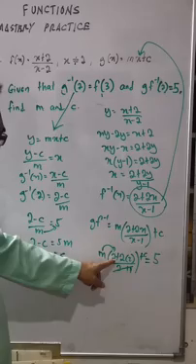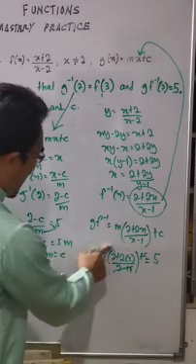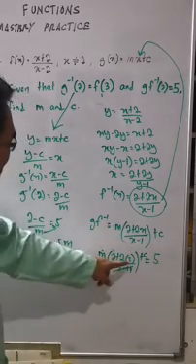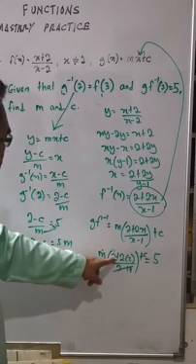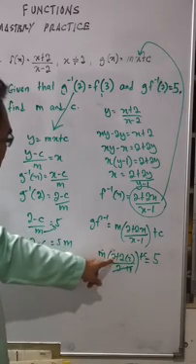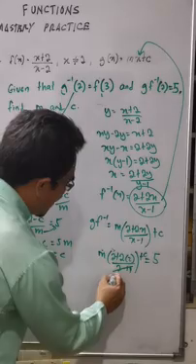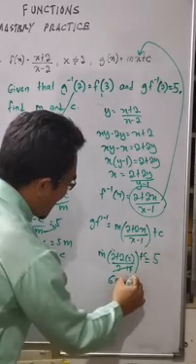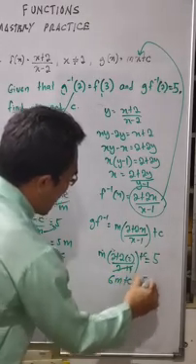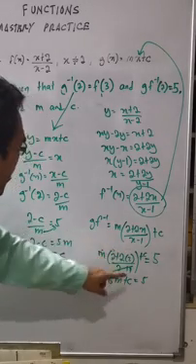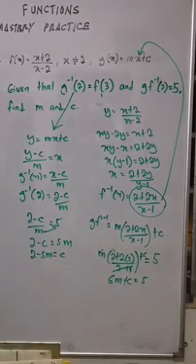No need to multiply out; 2 times 2 will be 4, 4 plus 2 will be 6. So we have 6m plus c equals 5, because 6 over 1 is 6.